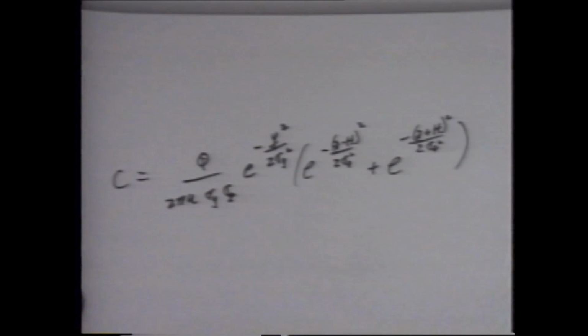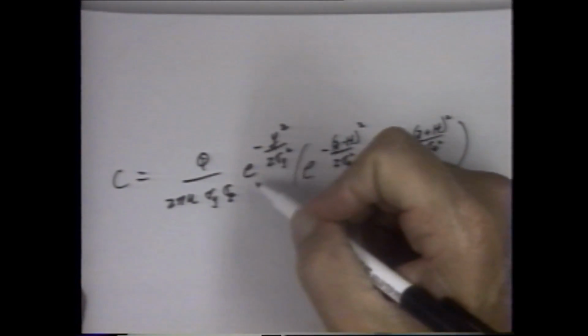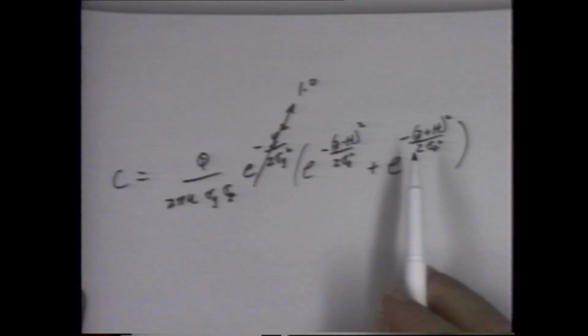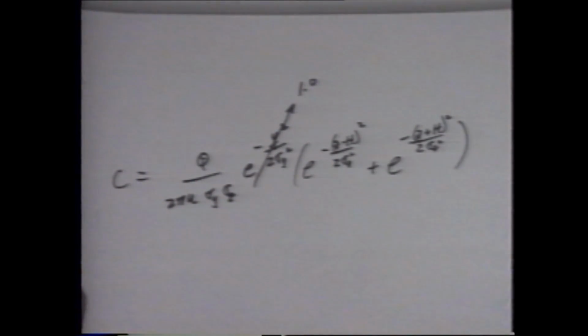And we notice that for downwind centerline concentration, where y is equal to 0, this term becomes 1. And for z equal to 0, ground level concentration, these two terms are identical and can be factored together.